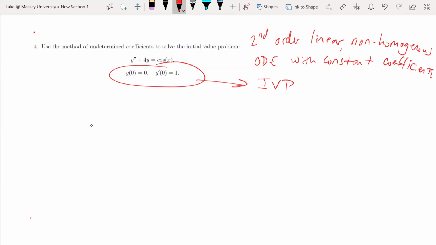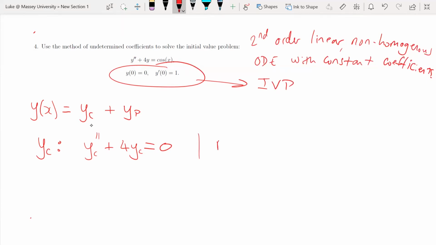Okay, so recall that the general solution to the non-homogeneous case is equal to the complementary solution plus a particular solution. The complementary solution is found by solving the associated homogeneous problem. So we've got to solve this here. Well, we want to write down the auxiliary equation, m squared plus 4 equals 0.